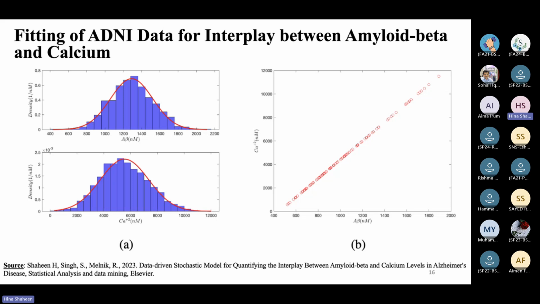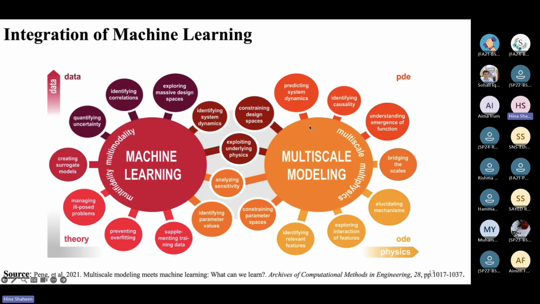If the concentration of amyloid beta is increasing, the calcium concentration keeps increasing as well. Yes, we have shown that using real patient data, and we drew the graph between these two concentrations, and you see that they do share a direct relationship in the case of Alzheimer's disease.